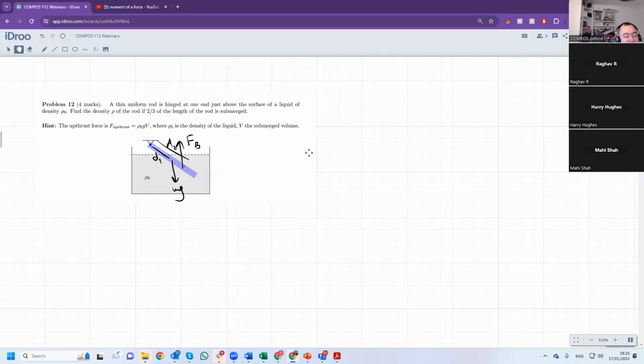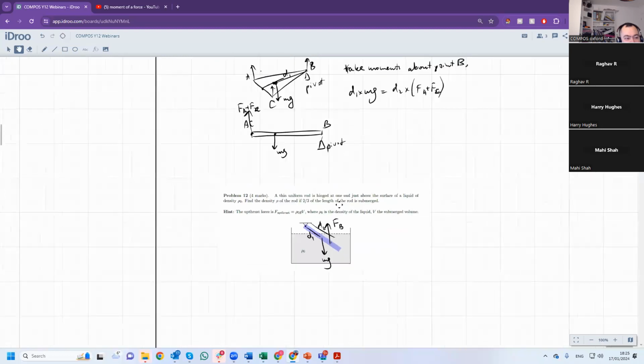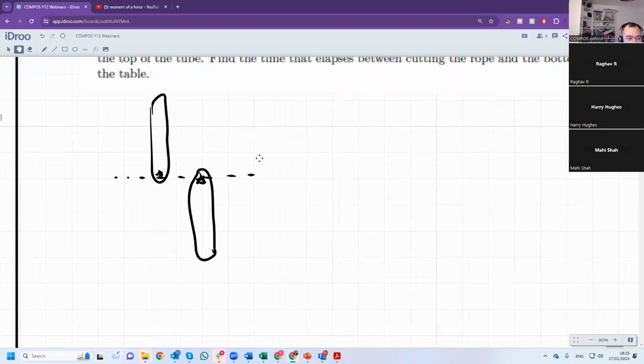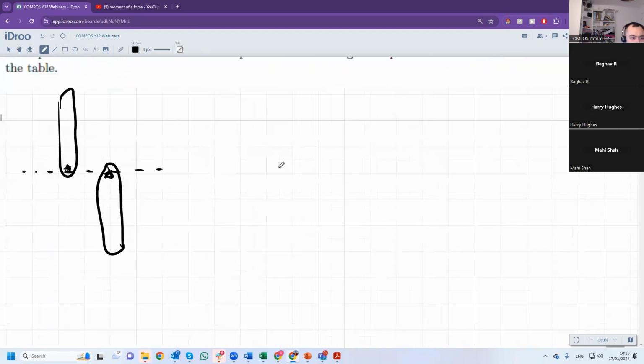Is the fly's mass relevant? Yes, it is, because this is a center of mass problem, and you need to use the property of the center of mass. Think of the boat problem.